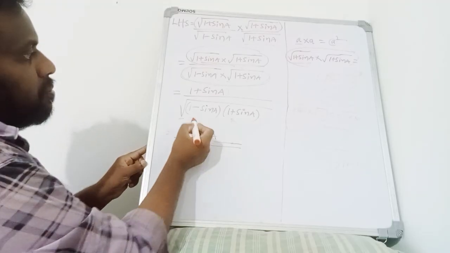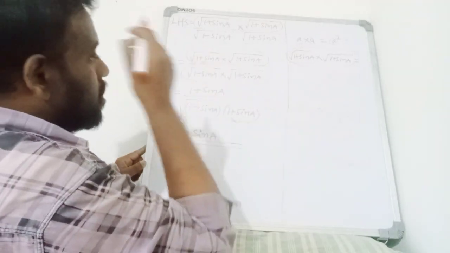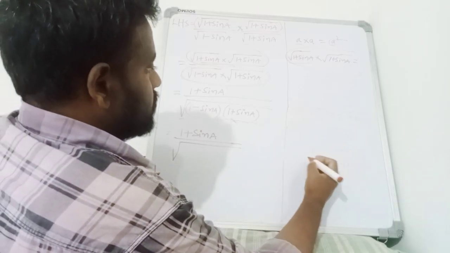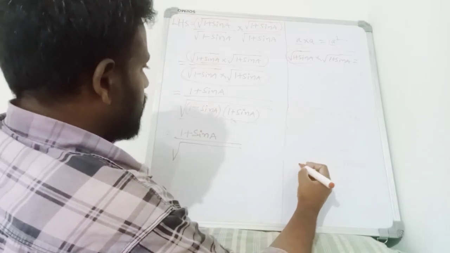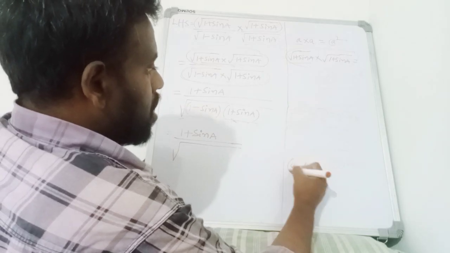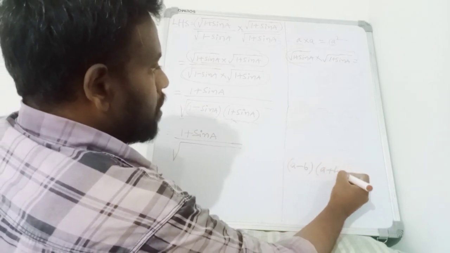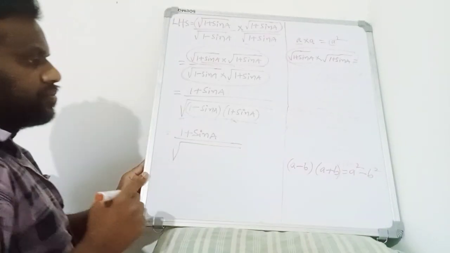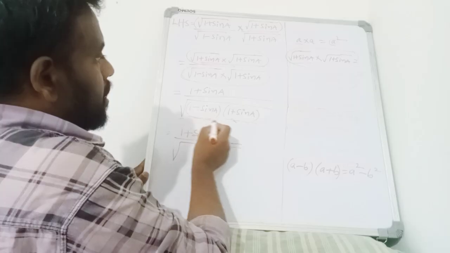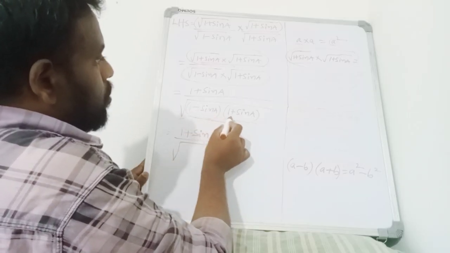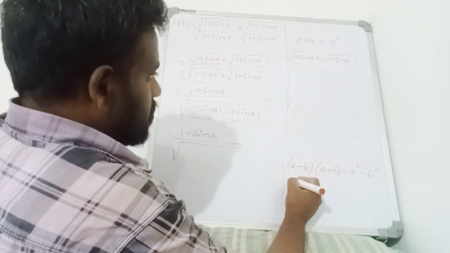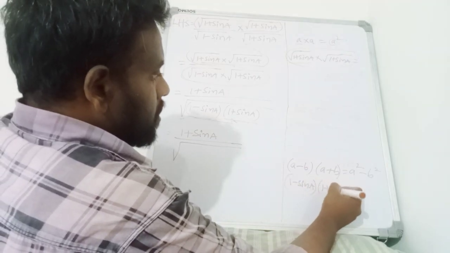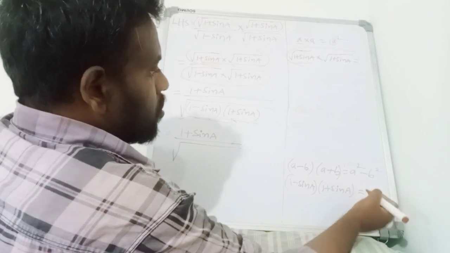Okay, now we have to simplify this into this. How to simplify? See, this is like A minus B. Here I will write. See, we have the formula A minus B into A plus B is equal to A square minus B square. Okay, so I will write this thing, this 1 minus sin A, 1 plus sin A here. 1 minus sin A, 1 plus sin A is equal to what?